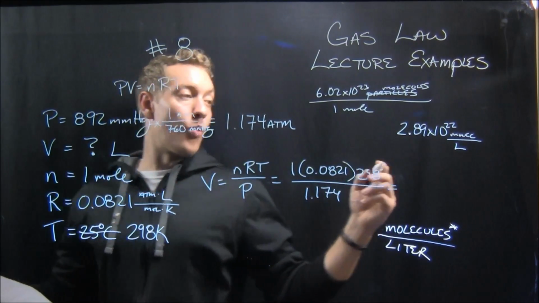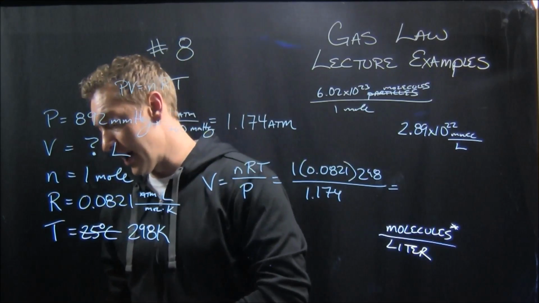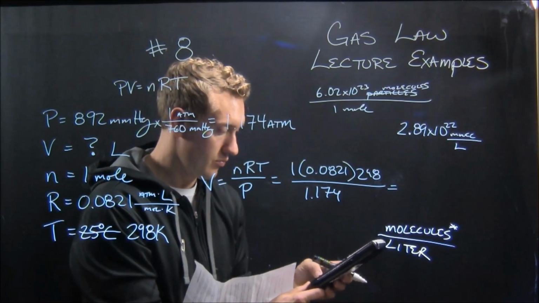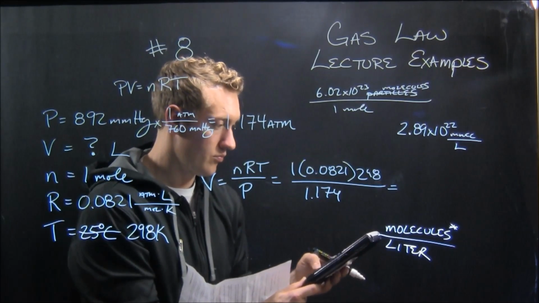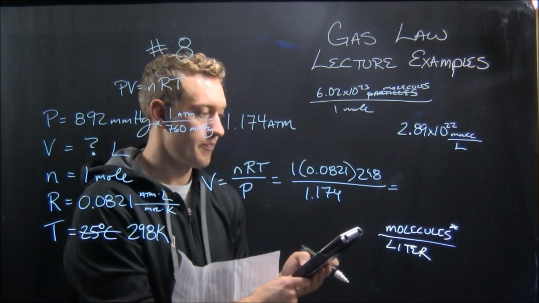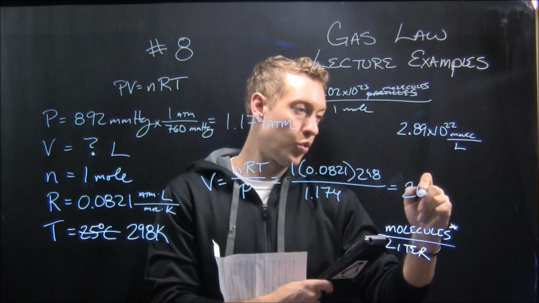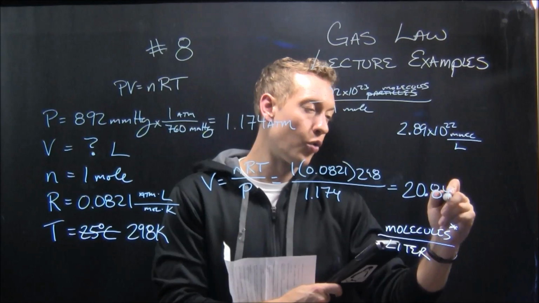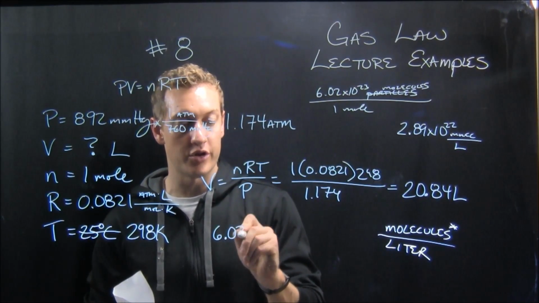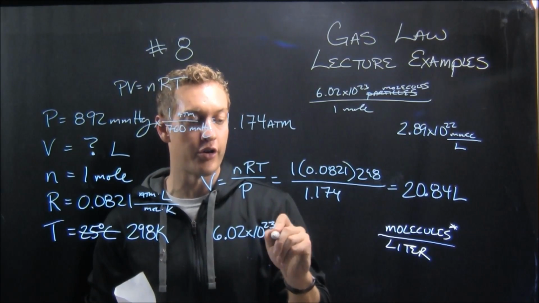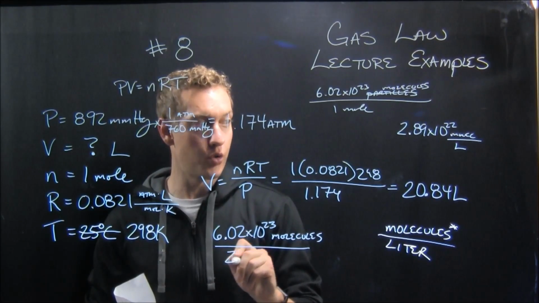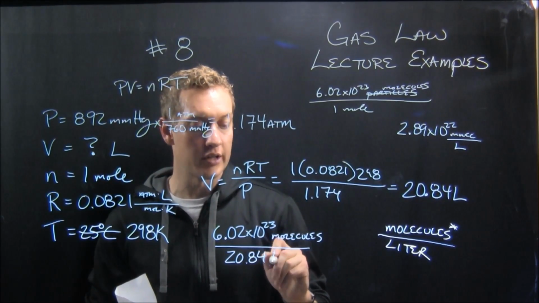And that means that 1 mole would occupy 20.84 liters, which means that you would have 6.02 times 10 to the 23rd molecules per 20.84 liters.